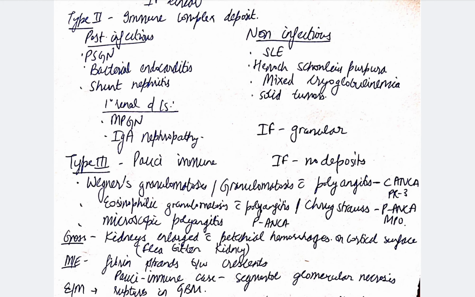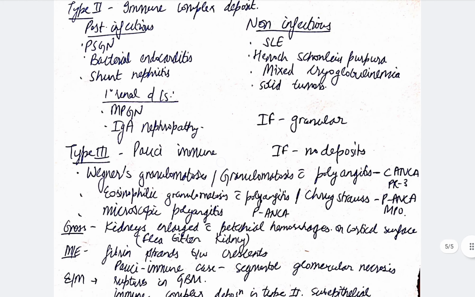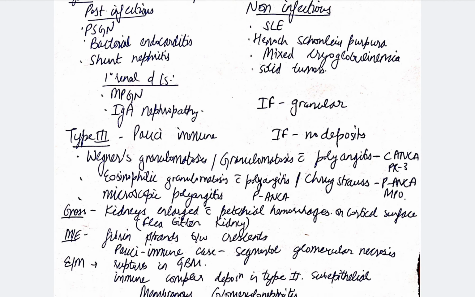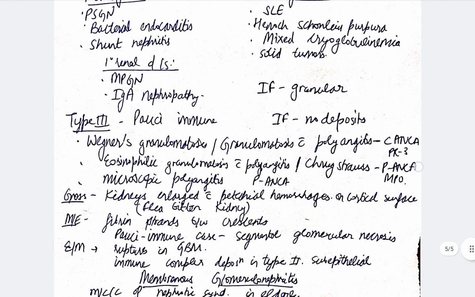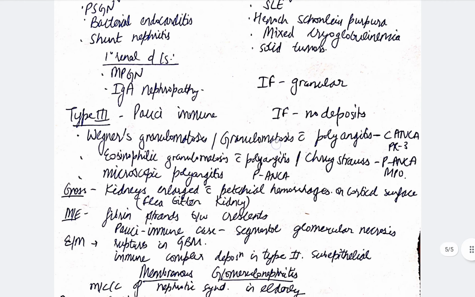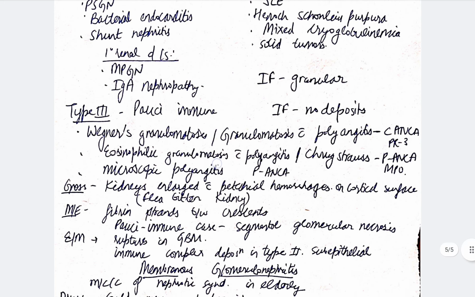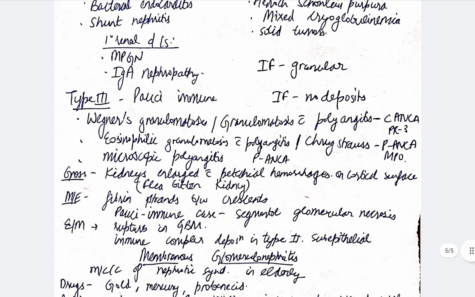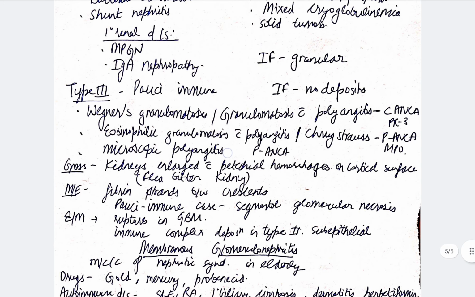And type 3 is known as pauci-immune, where there will be no immune deposits. It is linked with anti-neutrophil cytoplasmic antibodies, that is Wegener's granulomatosis or granulomatosis with polyangiitis, eosinophilic granulomatosis with polyangiitis, also known as Churg-Strauss, and microscopic polyangiitis.